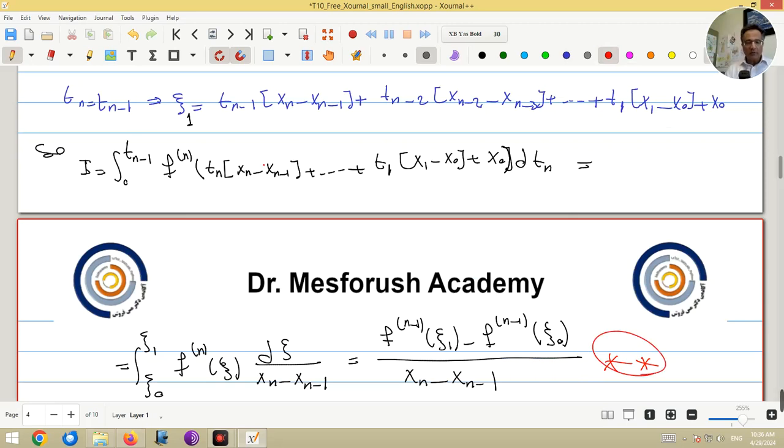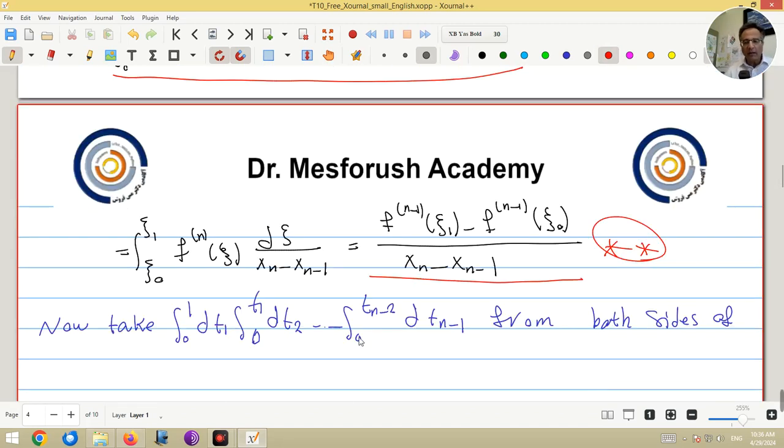Okay, I have to take this integral of 2 star.